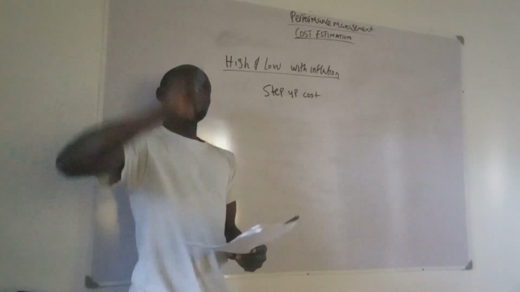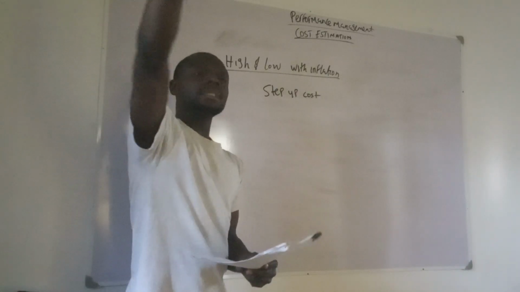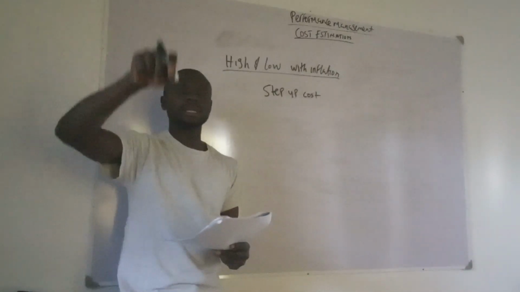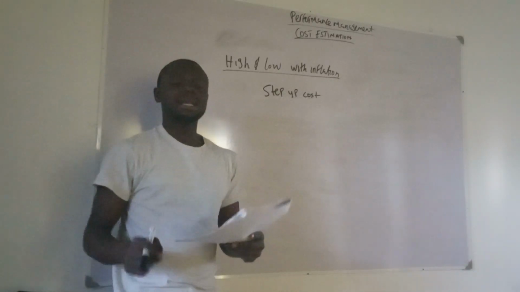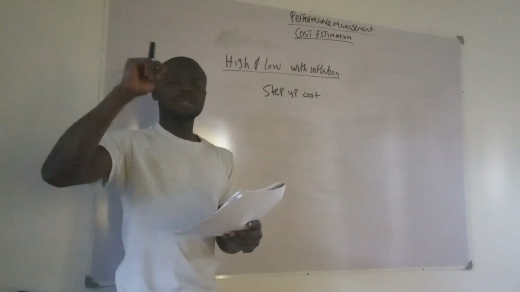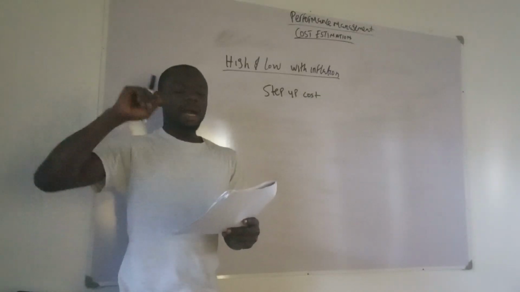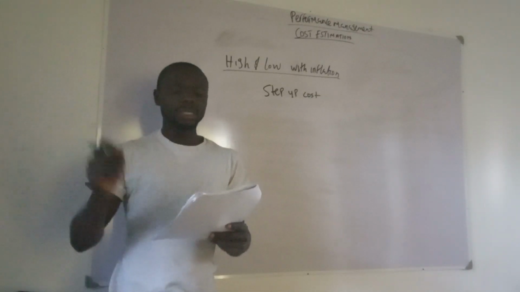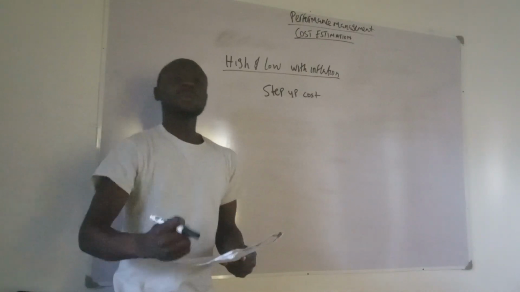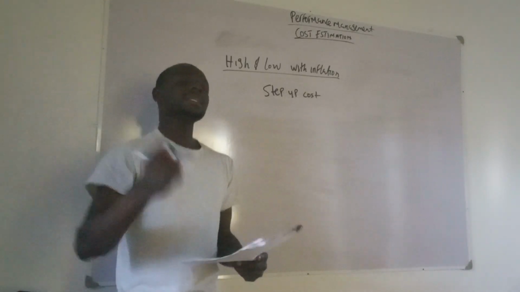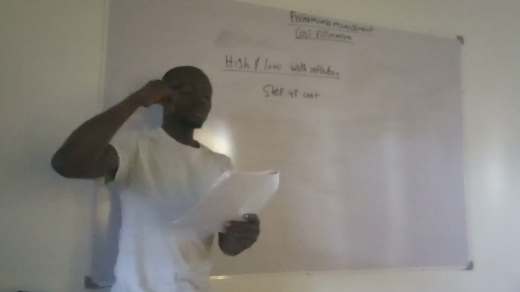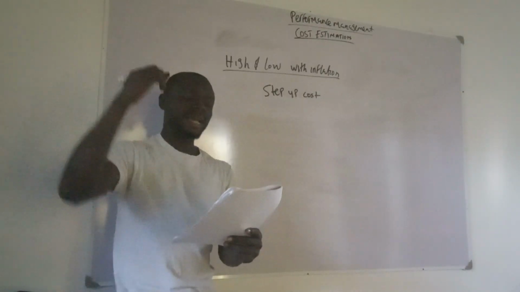So that means you are affecting the cost of inflation. Now, calculate the total cost at 17,500 units and 20,000 units respectively. We want to effect the step-up cost in our fixed cost when your level of activity exceeds 18,000.